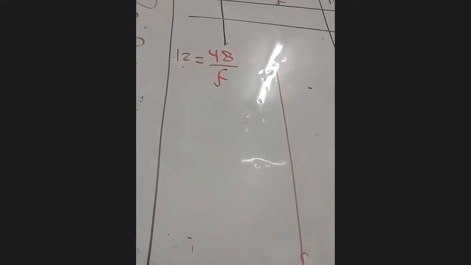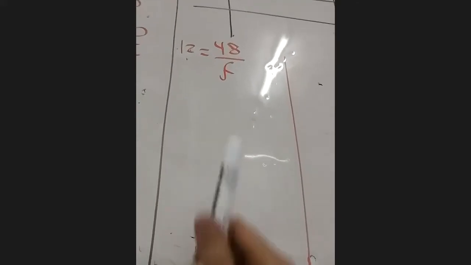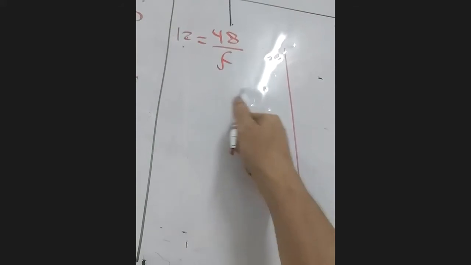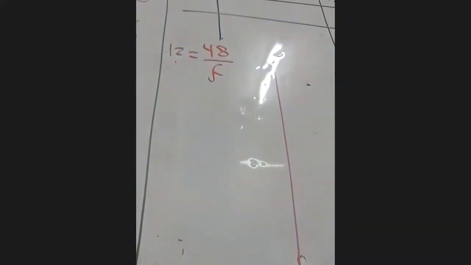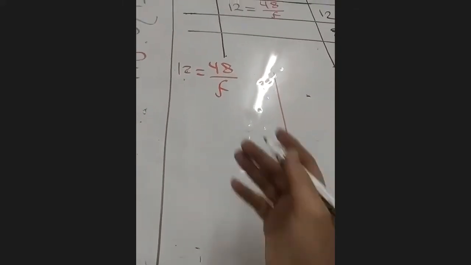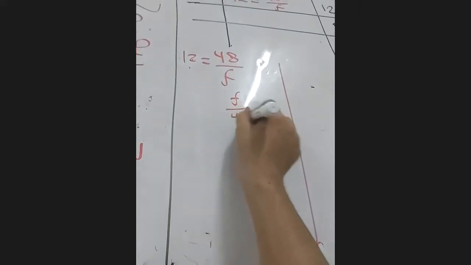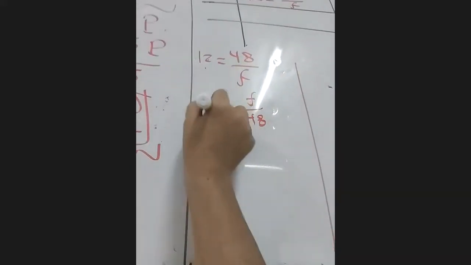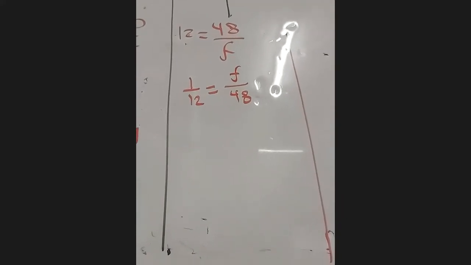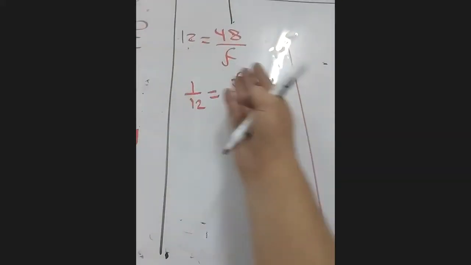If we have division, what will we do? Multiplication. But the variable is down. Remember this idea? If the variable is down, what do we need to do first? We will flip it. You forgot reciprocal. So this will be f over 48, and the 12 will be 1 over 12.